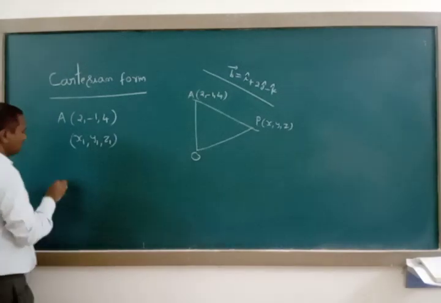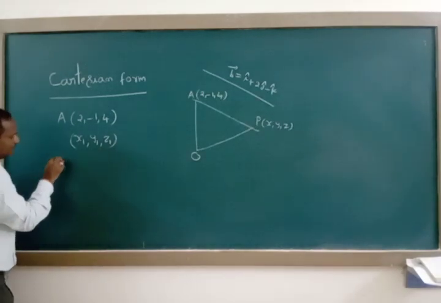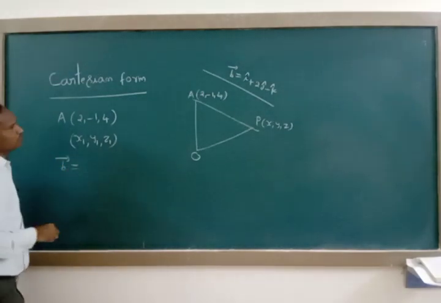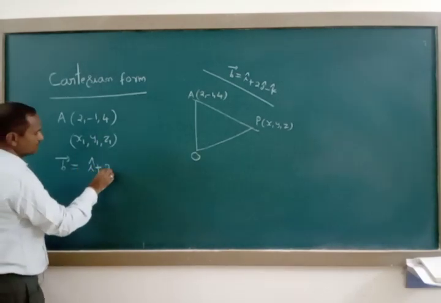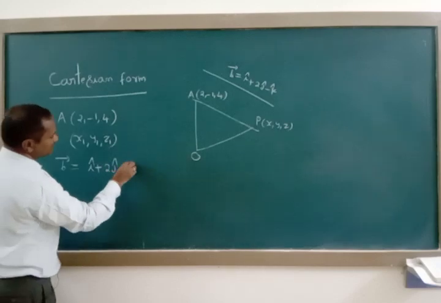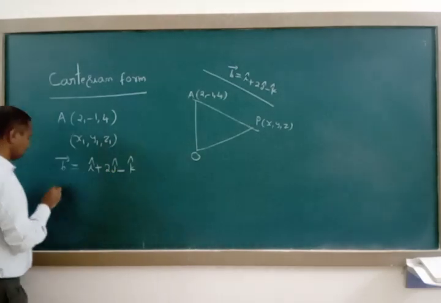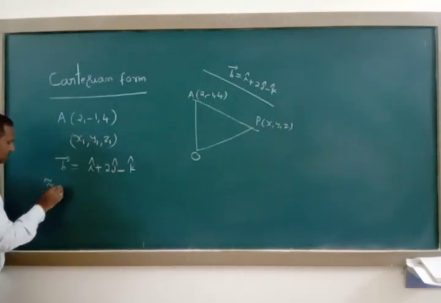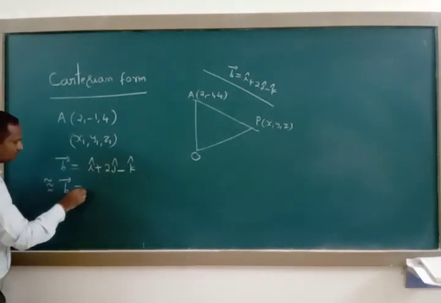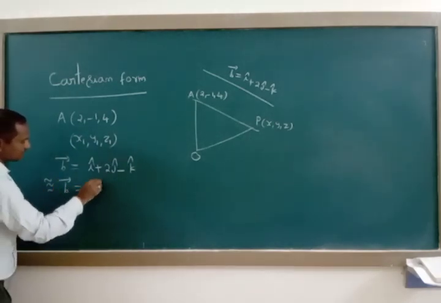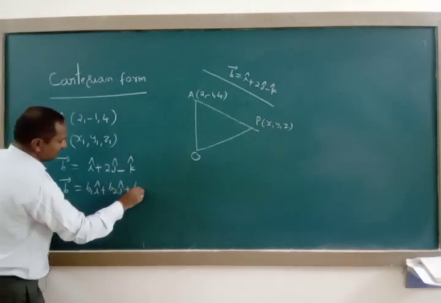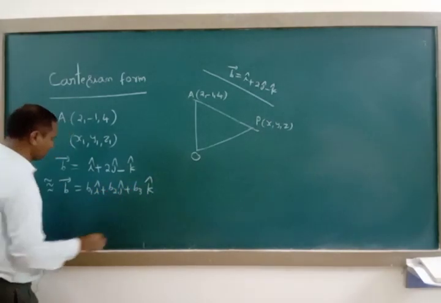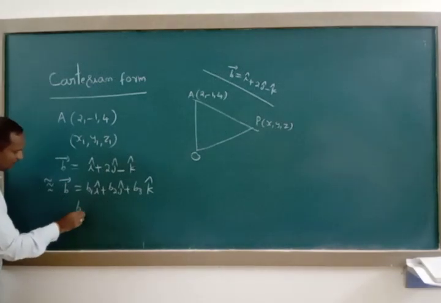Next one is the b vector, in the direction of that vector, meaning parallel to that vector. B vector is equal to i cap plus 2j cap minus k cap. Now compare it with b vector equal to b1 i cap plus b2 j cap plus b3 k cap. b1 is equal to 1.